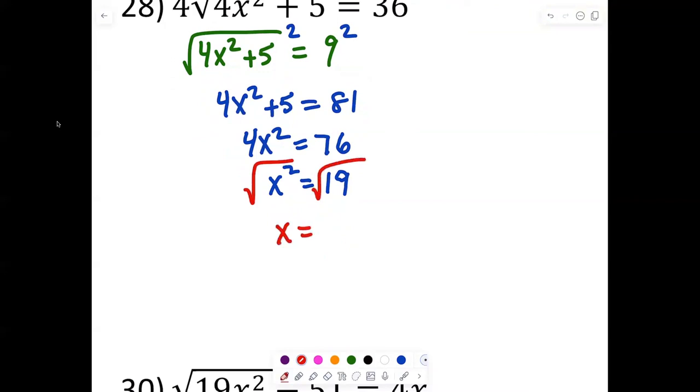So x equals plus or minus the square root of 19. All right, anybody have any questions to that? Anybody? Easy enough? Easy enough. All right, here we go.